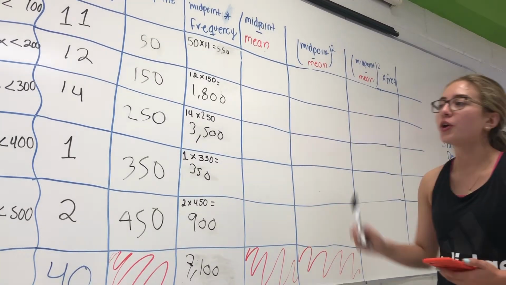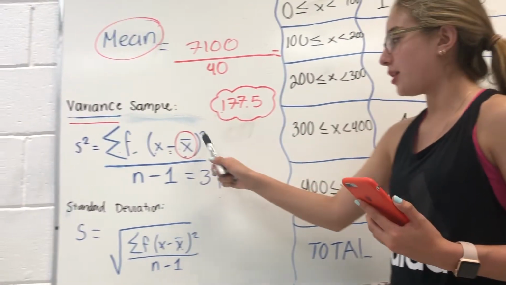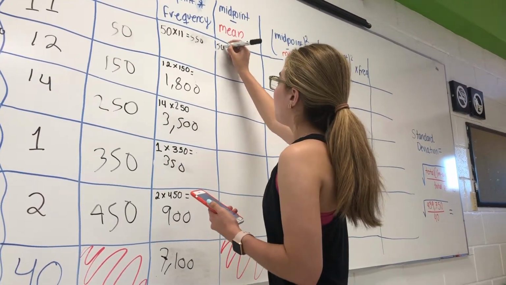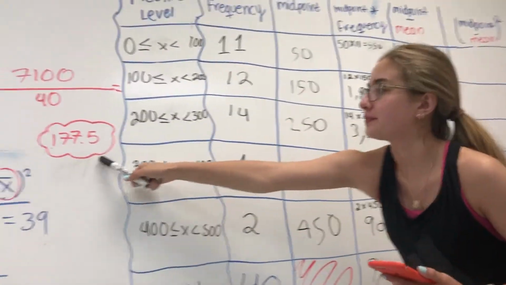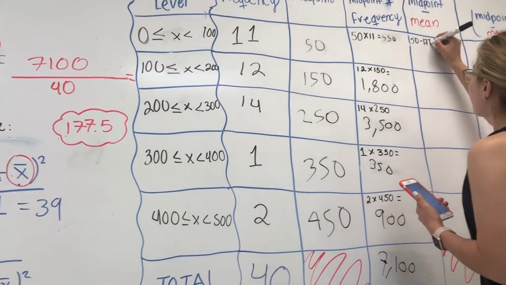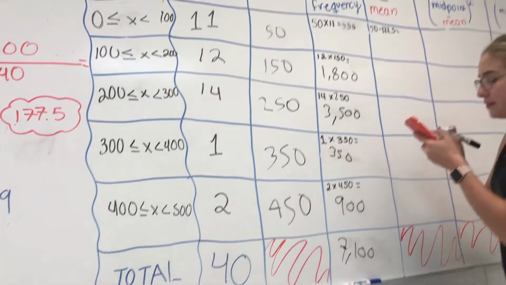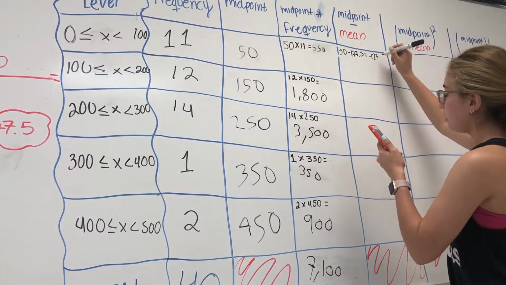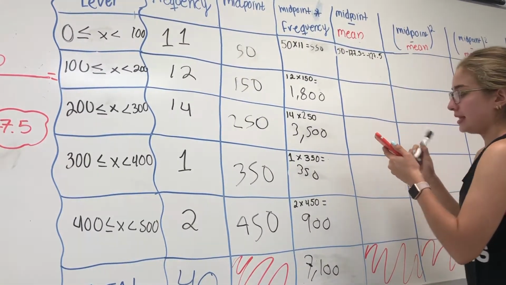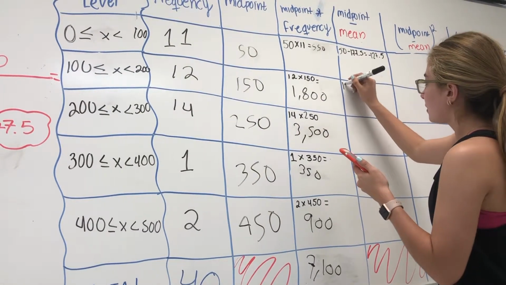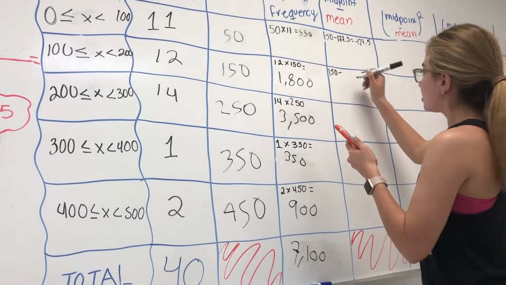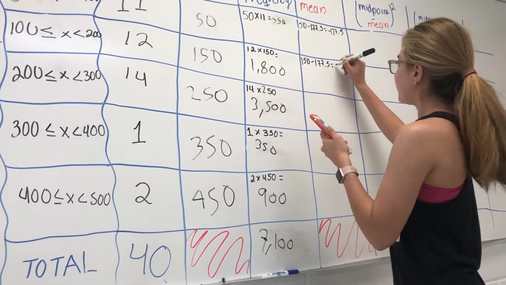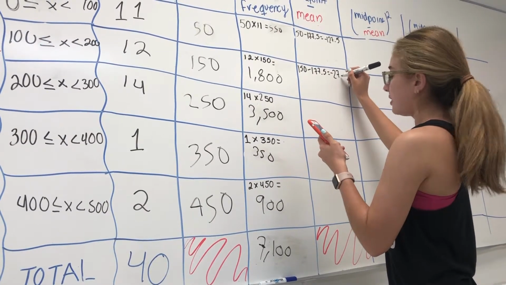Now, for the next step, we're going to take the difference between the midpoint and the average. We start with 50 minus the average, and this gives us minus 127.5. Then we continue, minus the average, this gives us minus 27.5.